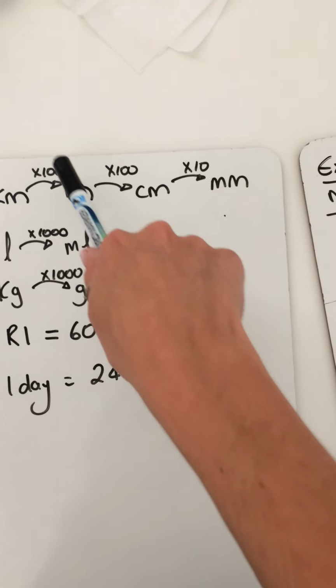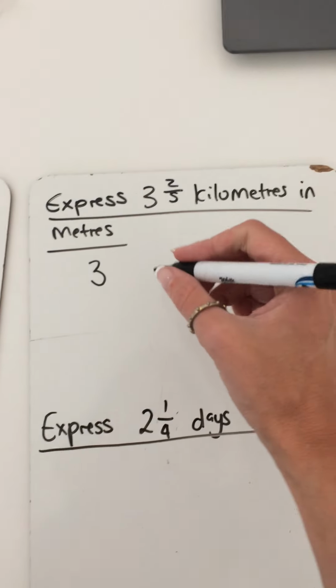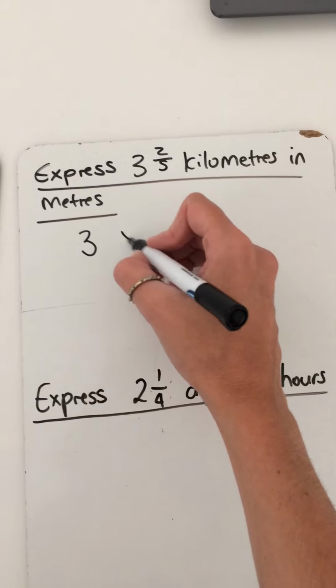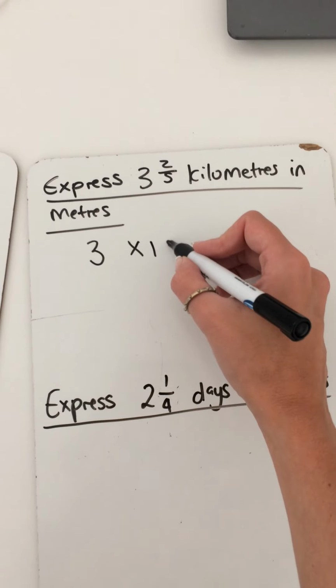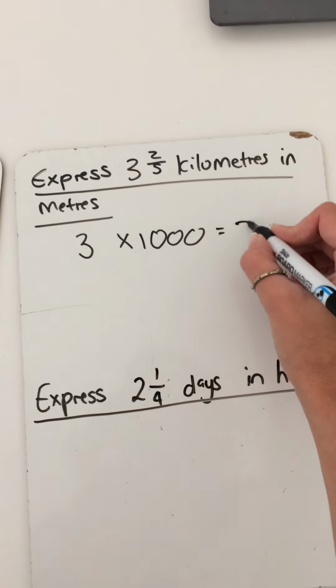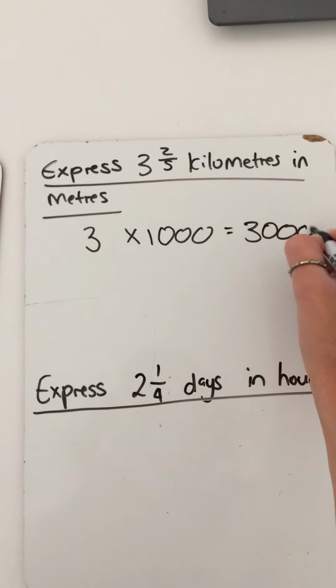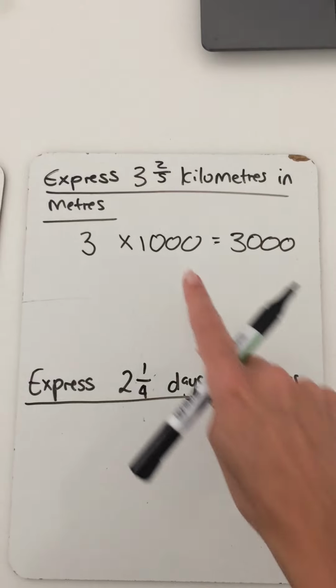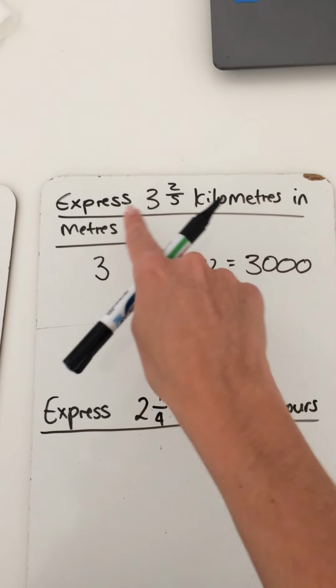I know that there are 1,000 meters inside 1 kilometer. So to get my answer in meters, I take my whole number, which is 3, and multiply it by 1,000 meters inside a kilometer, and my answer is 3,000. 3,000 meters inside these 3 kilometers.